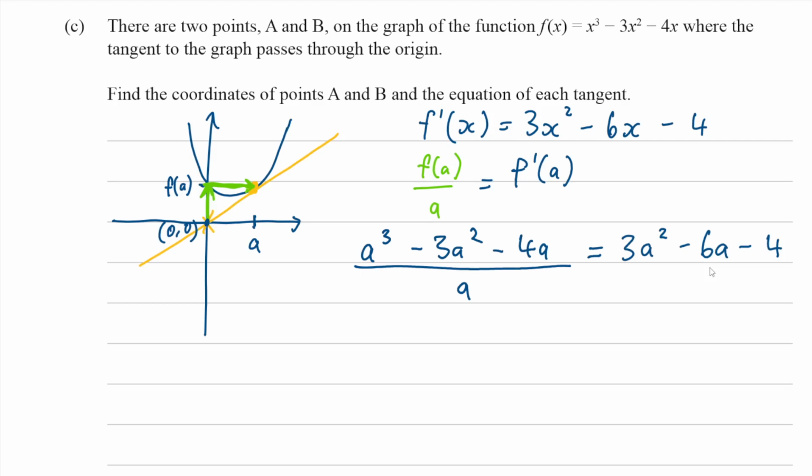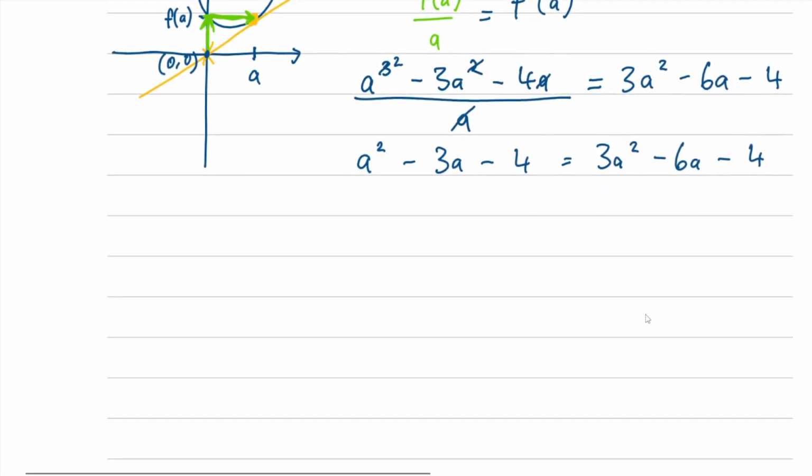Alright, and looking at the left hand side, we can simplify, and that becomes a squared minus 3a minus 4. We can take everything to one side of the equation to get a quadratic equation. So I'll take everything to the right.